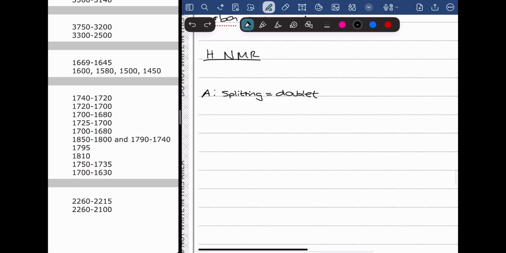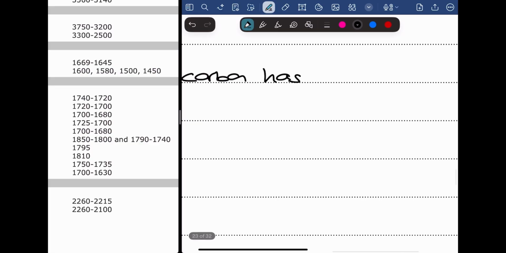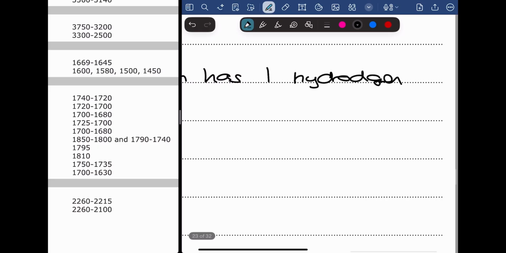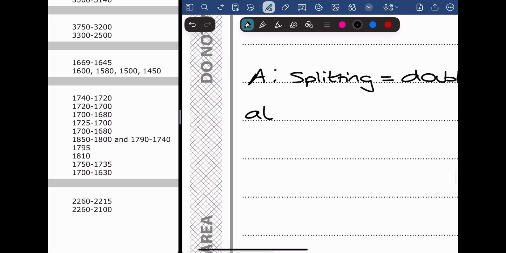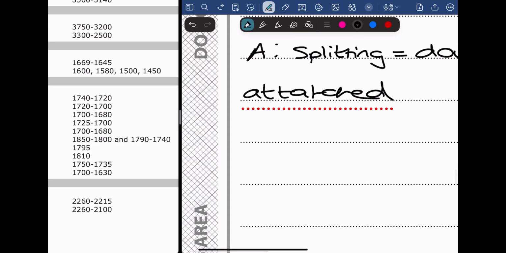So we can explain that. We say, therefore, adjacent carbon has one hydrogen attached, right? Okay, so now we've done that, then we can go on to the peak area.